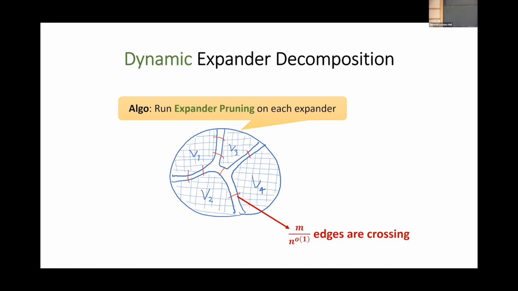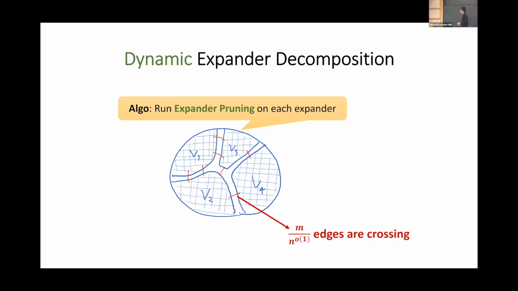First, just initialize your static expander decomposition. Now you get a bunch of expanders. Just run expander pruning on each expander. So what will happen when there is a sequence of updates?